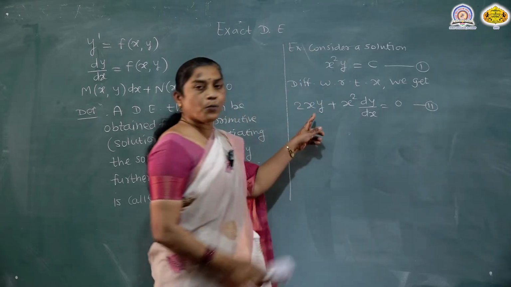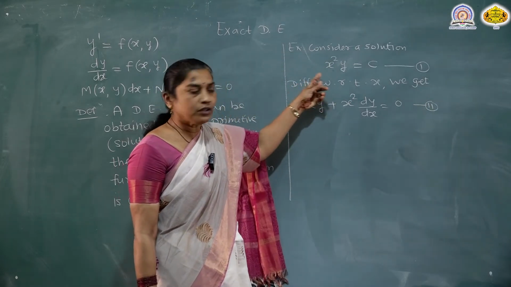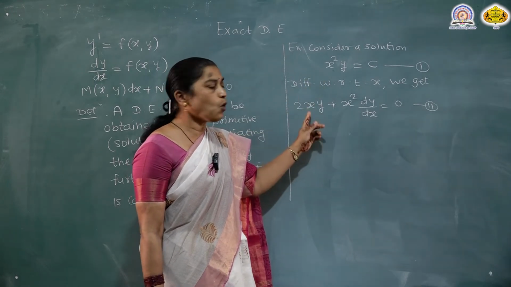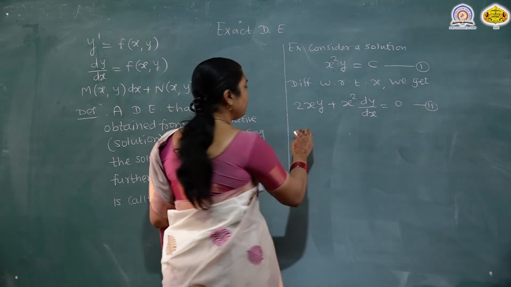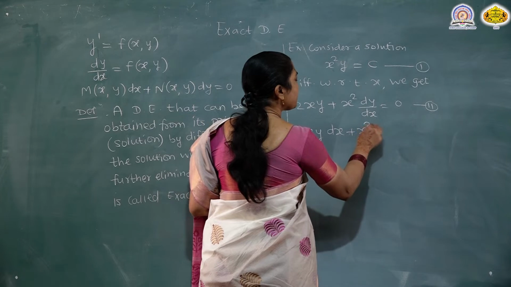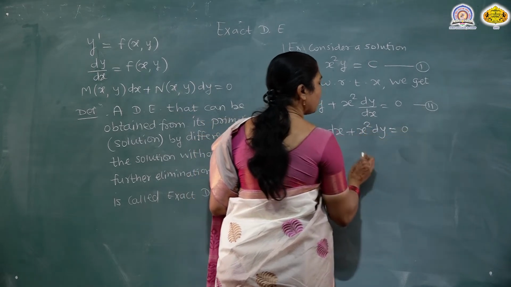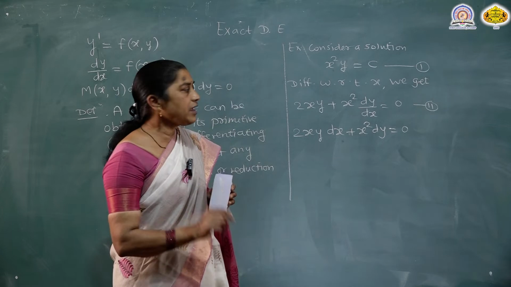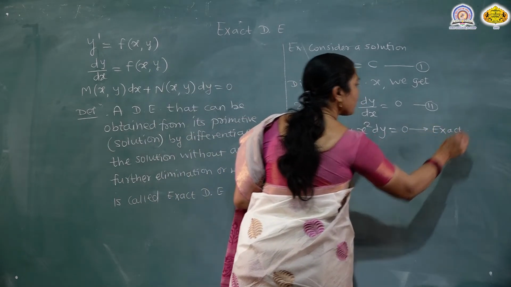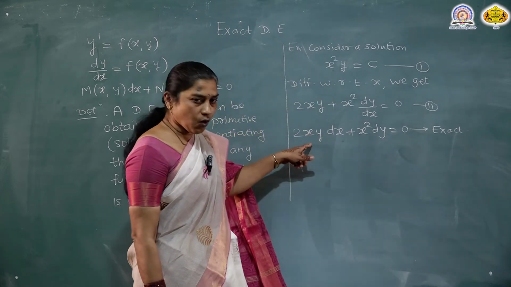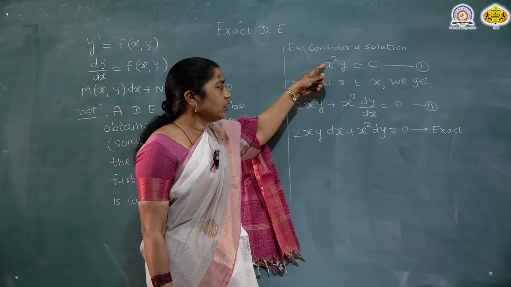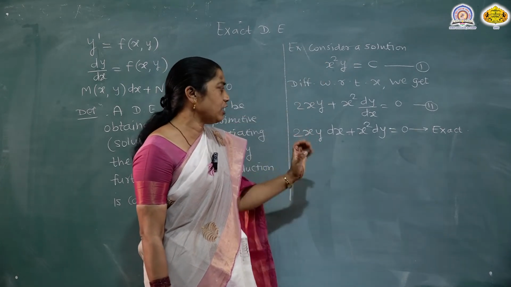Equation 2 is obtained from equation 1 by directly differentiating with respect to x. So, we rewrite it as 2xy dx plus x square dy equal to 0. This equation is an exact differential equation. It is exact because it is obtained by differentiating its solution directly and without any elimination.